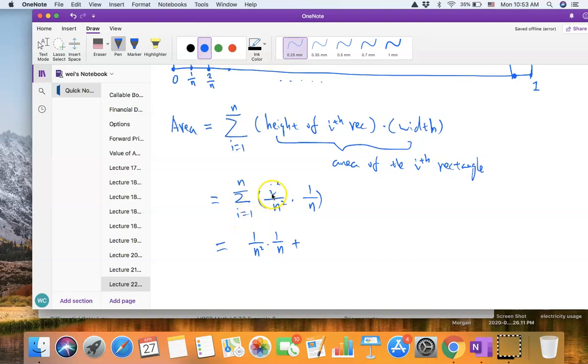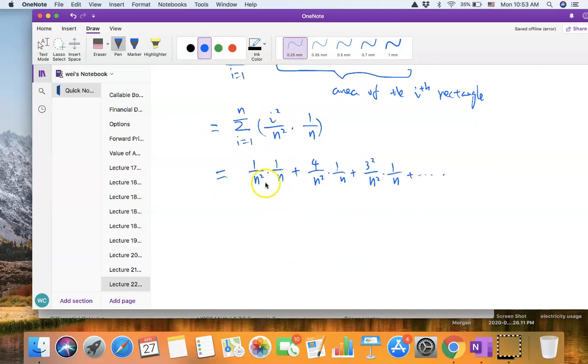So the next term is when i equals 2, that is 2 squared, 4 over n squared times 1 over n. And when i equals 3, that is 3 squared over n squared times 1 over n. So each term has a common factor, 1 over n squared and 1 over n. Therefore, we can factor that out. So we can factor out 1 over n to the third. And what we are left with in the summation is the i squared.